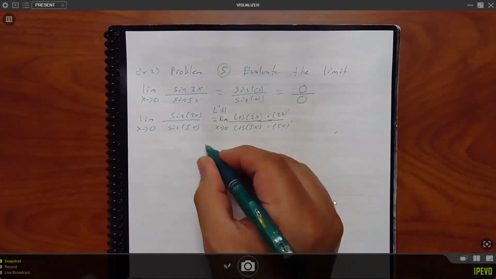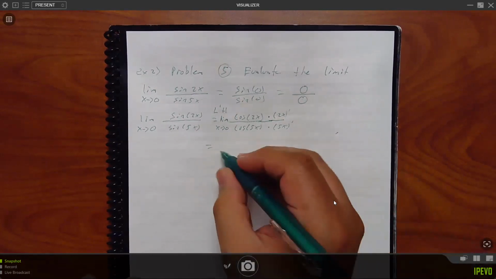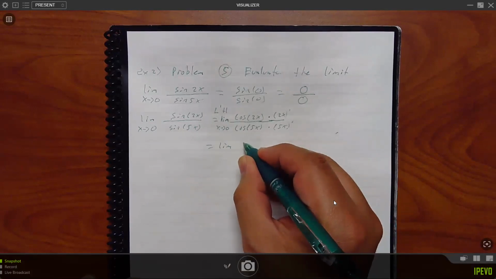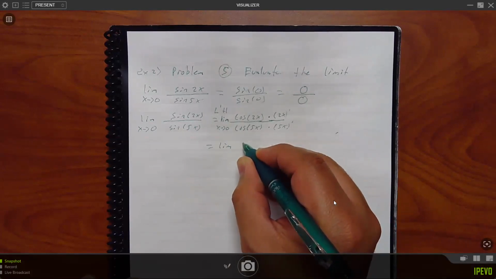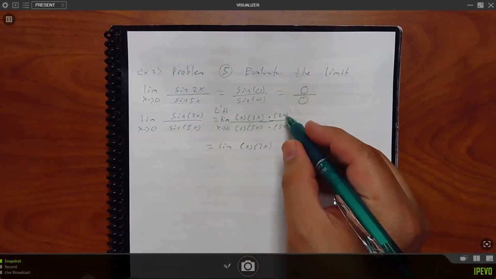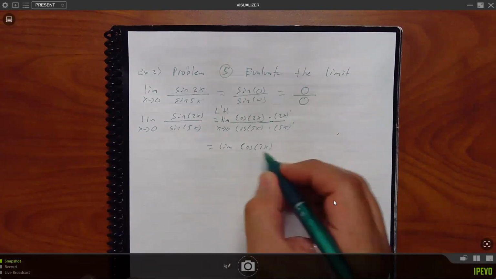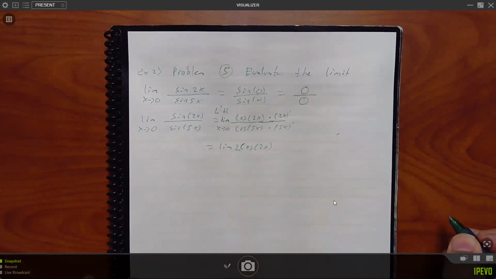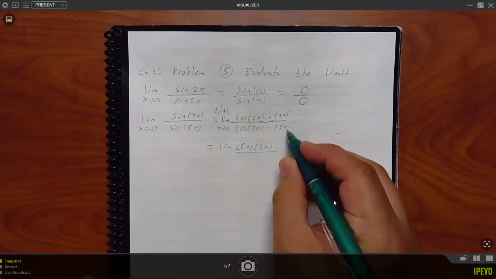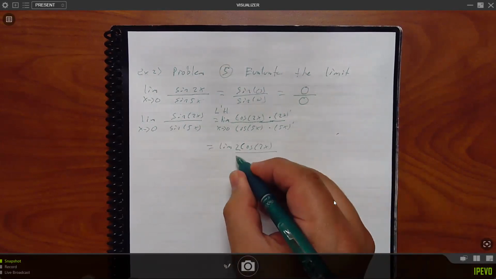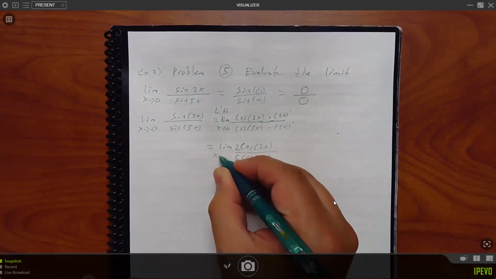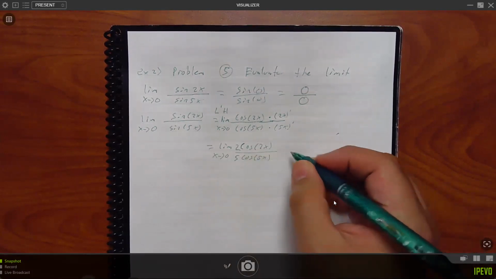Okay, so that will be the limit of cosine 2x. The derivative of 2x is just a 2, correct? I'm going to put a 2 over here. 2 cosine. The derivative of 5x is 5, so that's going to be a 5 cosine 5x. So take your limit.